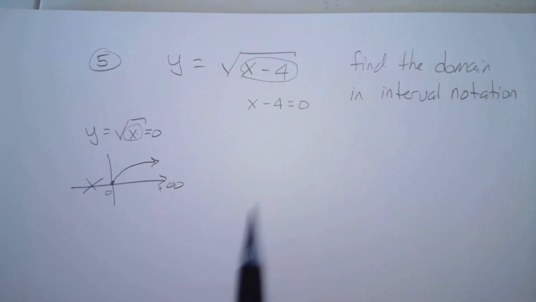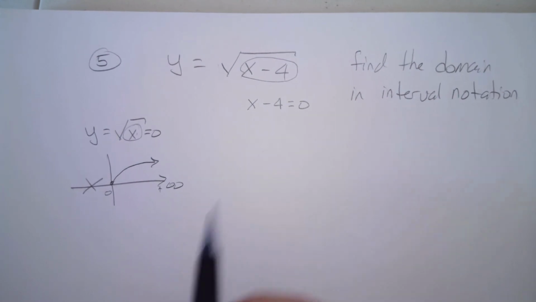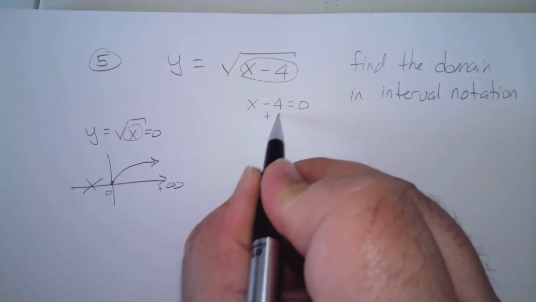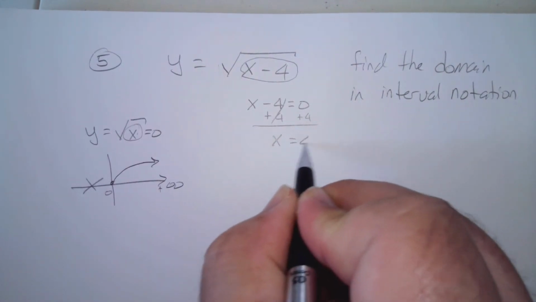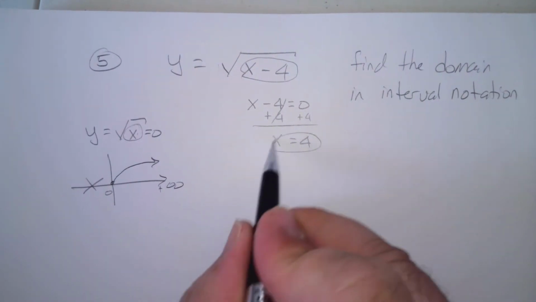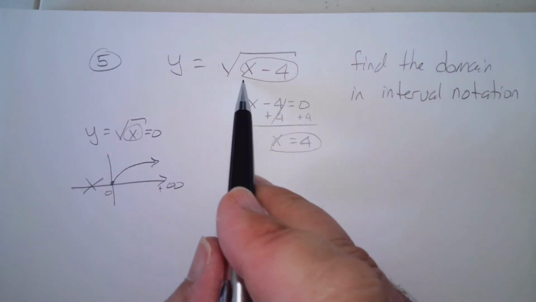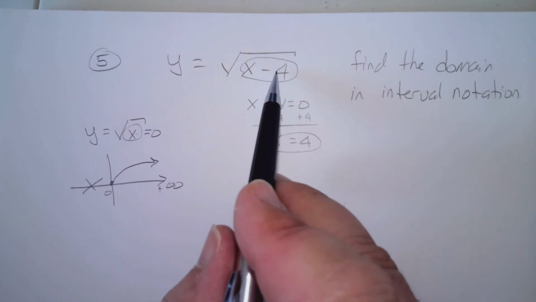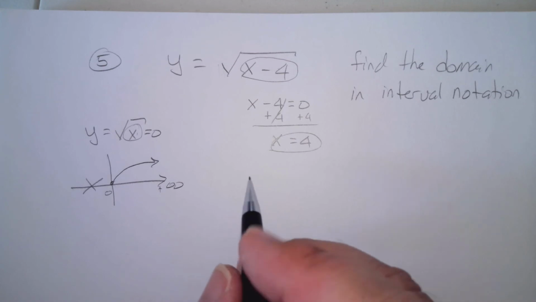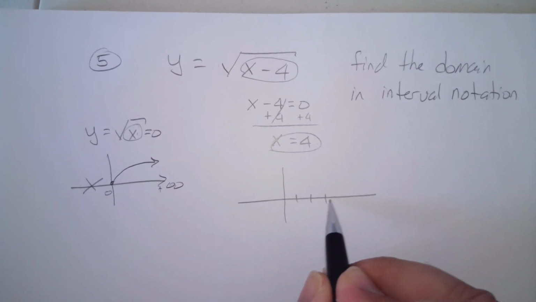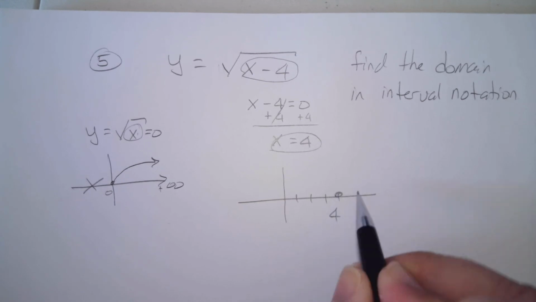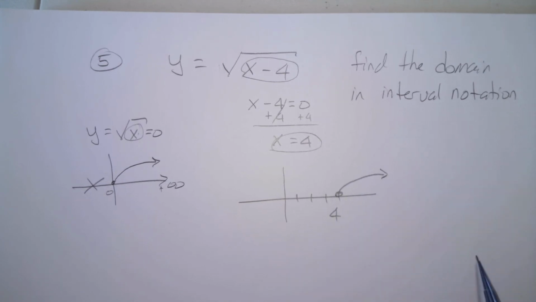So the smallest number you can have inside here is 0. So what would x have to be to make it 0? Solve for x. So when x equals 4, inside here is 0. That's the smallest it can go. So in our graph, it would look something like this.